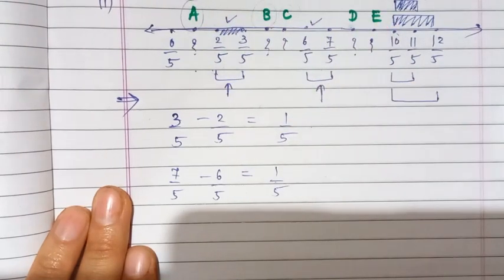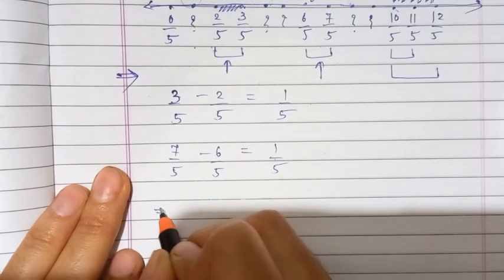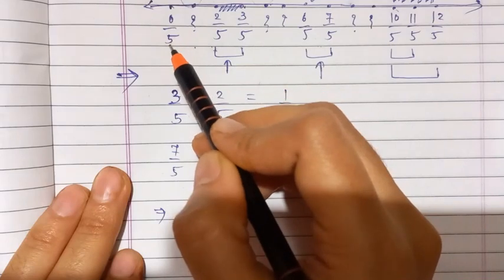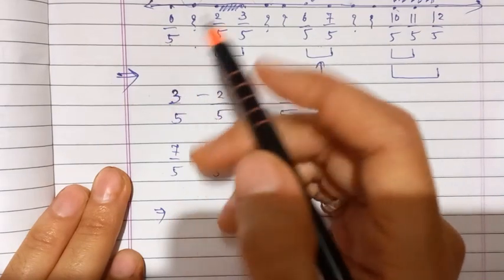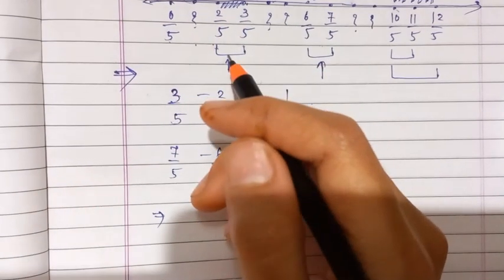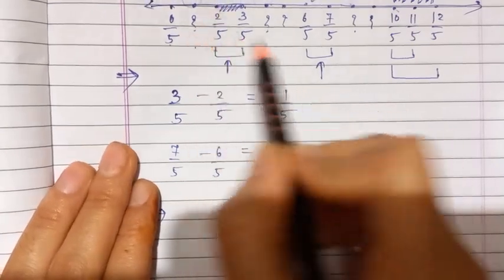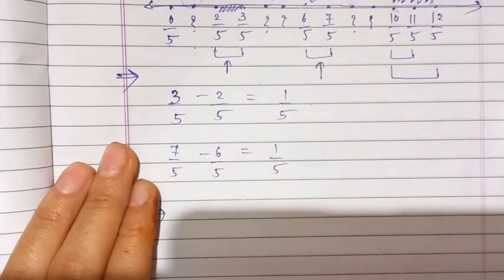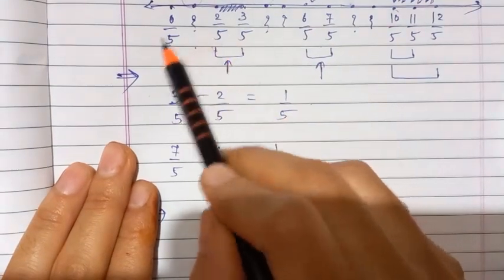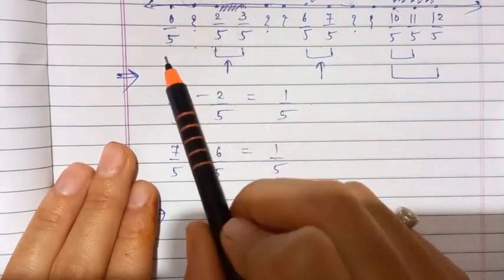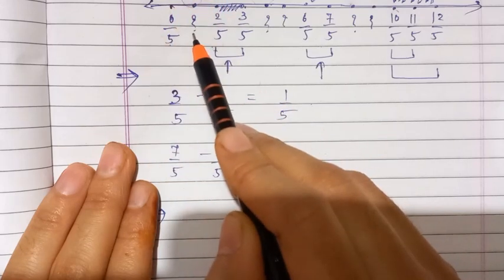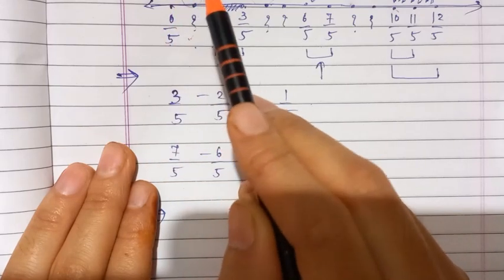Here this is 0 by 5. In the previous lecture we saw how to label numbers after 0. We simply added the difference to 0 and got the next number.